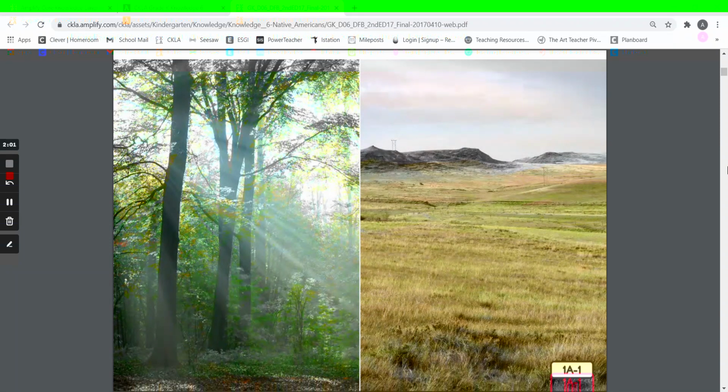Long, long ago, long before you and I can remember, long before your grandparents and their grandparents and their grandparents can even remember, there were no living people on the land where we live today. Now there were woods and plains, but no people.